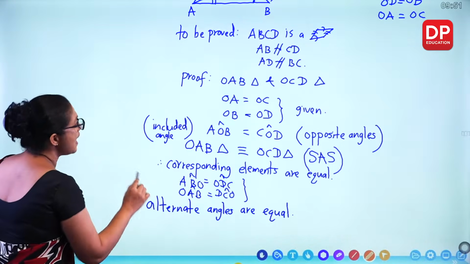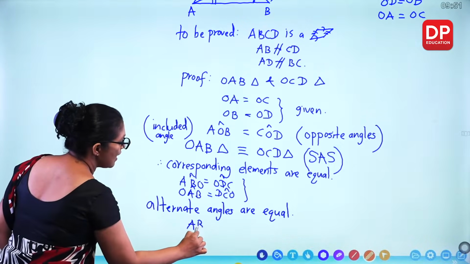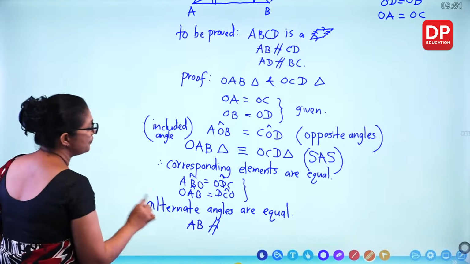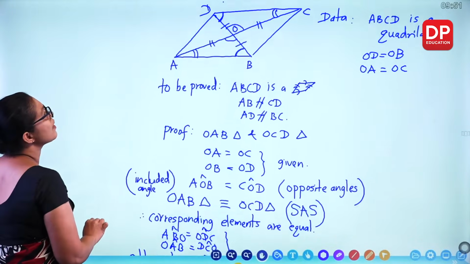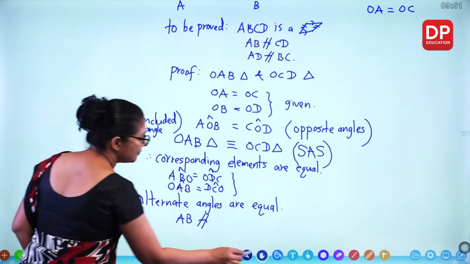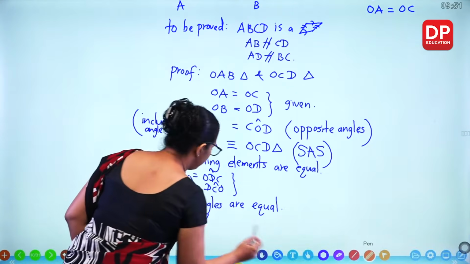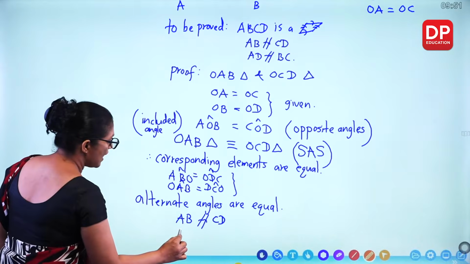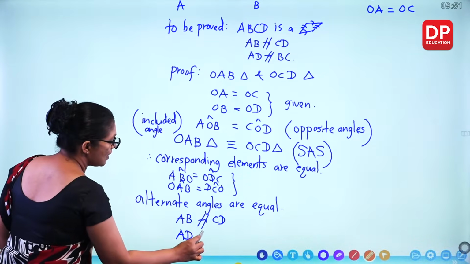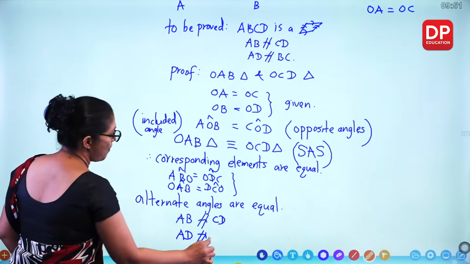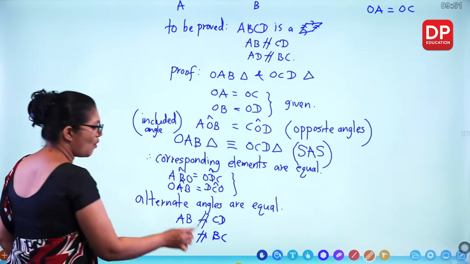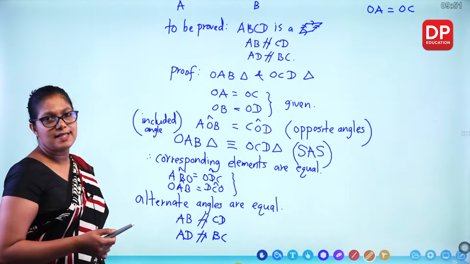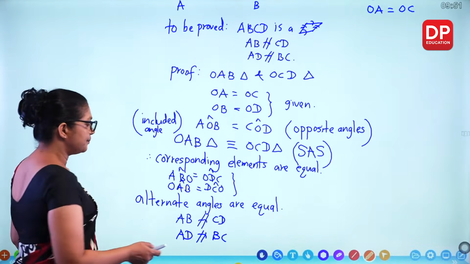That means AB line is parallel to CD line, and AD line is parallel to BC line. Now we found opposite sides are parallel.